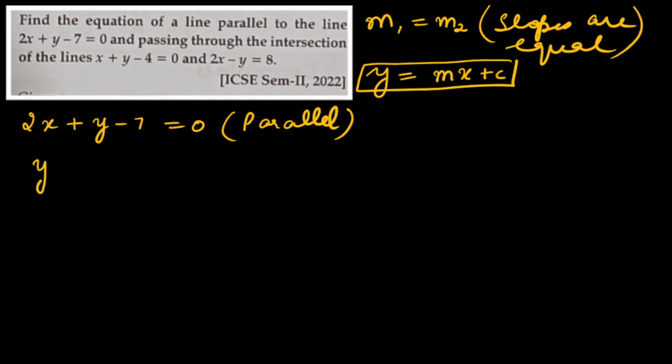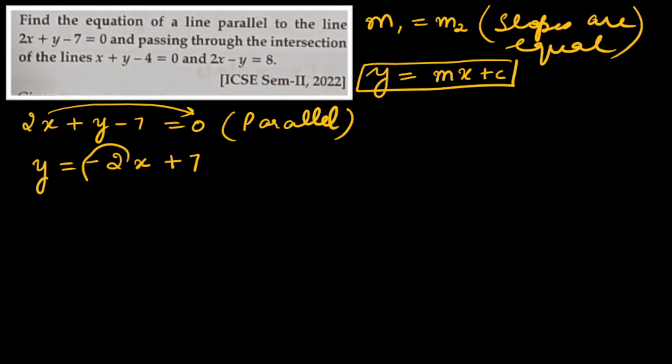So y will keep on this side. Let us shift 2x to the other side. If I shift 2x to the other side, it will become minus 2x. If we shift minus 7 to the other side, it will become plus 7. So now we can say it's this form, y is equals to mx plus c.